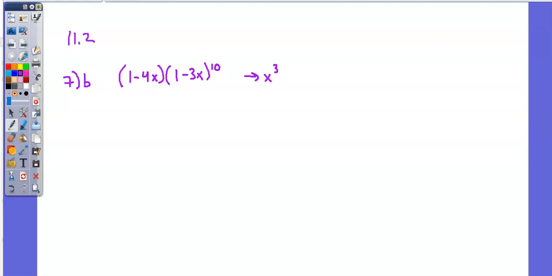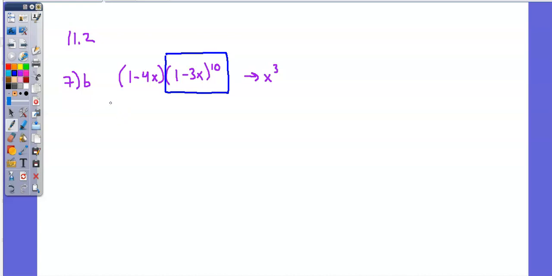So my first observation is that they're both binomials, but the one that I'm going to be able to expand is the one with the exponent. The one that doesn't have an exponent is going to affect the result in the following way.